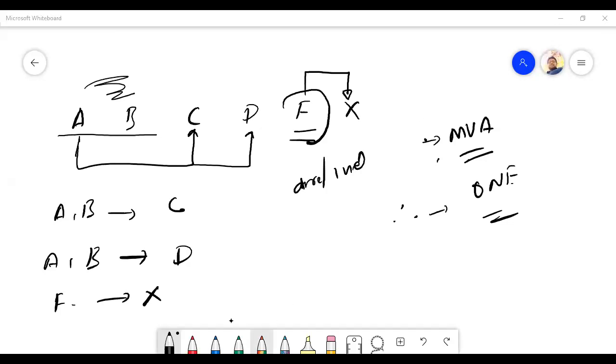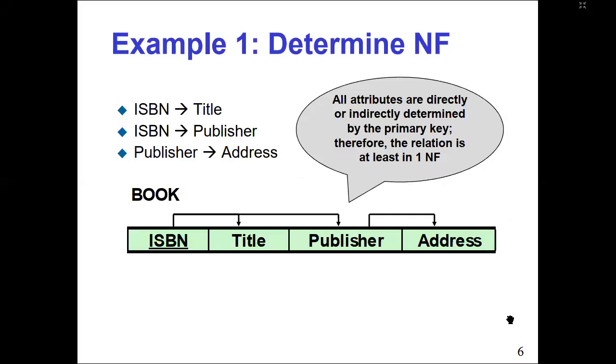Right, if you have any doubt, just ask me. Meanwhile, I'll go to this note, right?